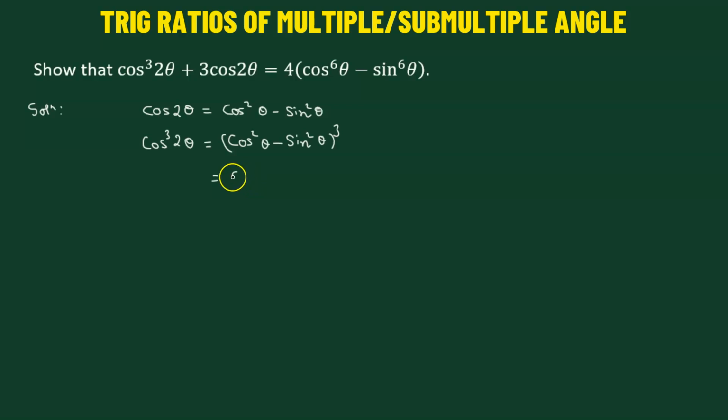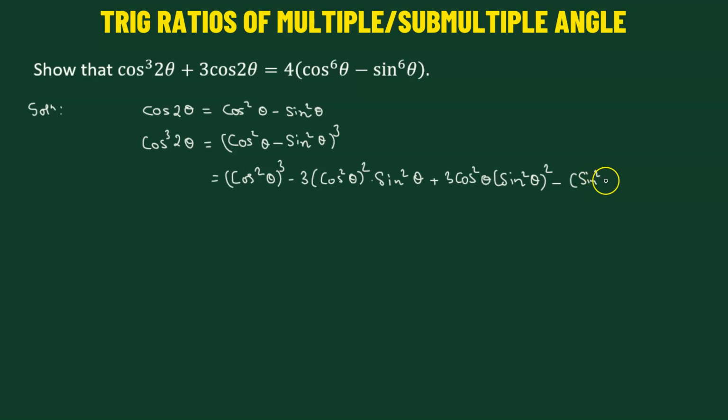That should give us cosine squared theta whole raised to the power of 3, minus 3 times cosine squared theta whole squared multiplied by sine squared theta, plus 3 times cosine squared theta multiplied by sine squared theta whole squared, minus sine squared theta whole raised to the power of 3.